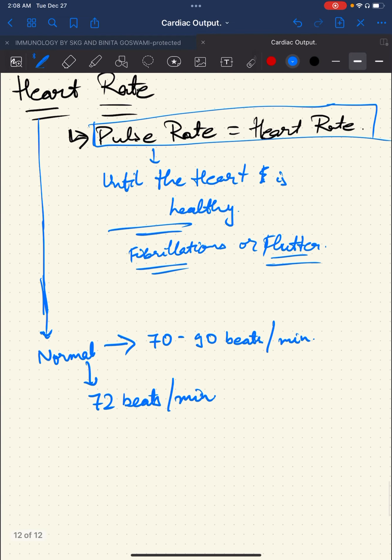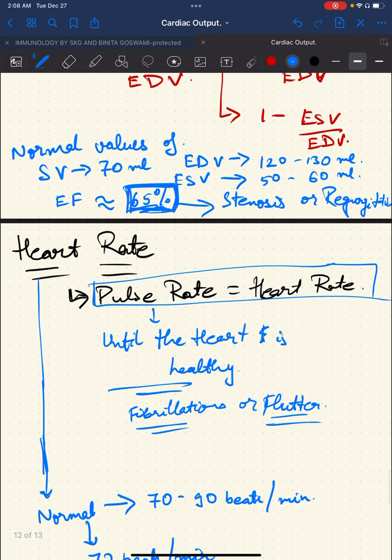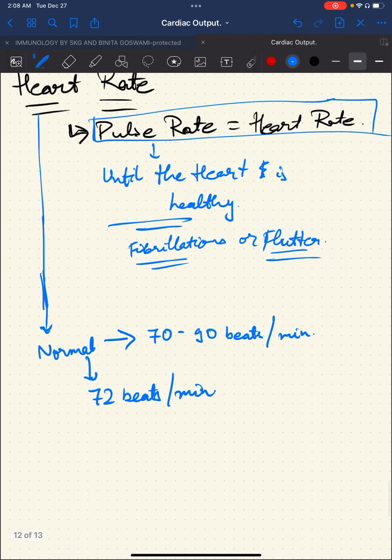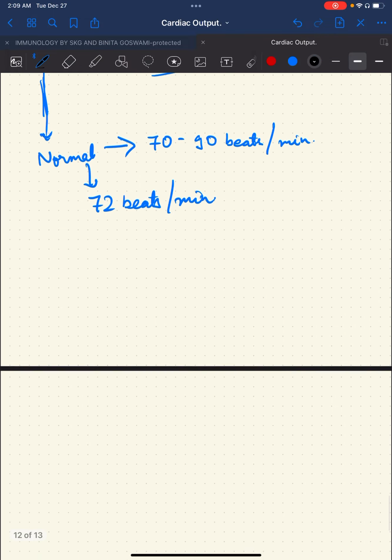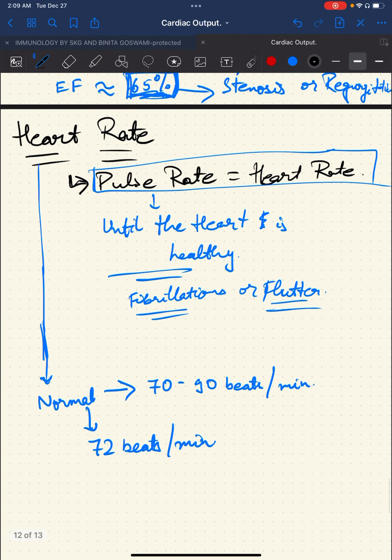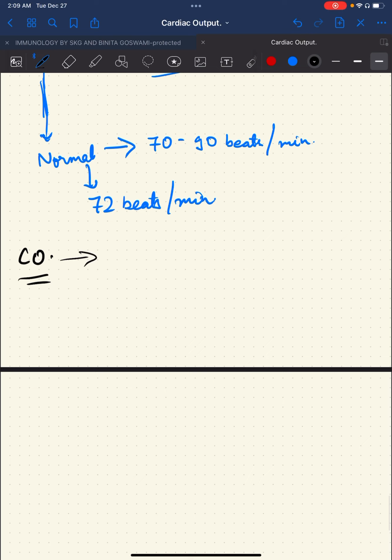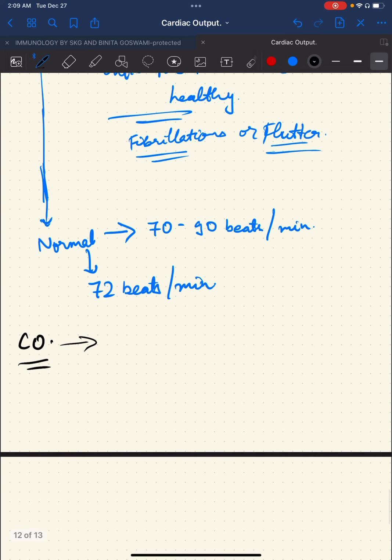Okay. So now, since we know the normal values, let us proceed with what is cardiac output and its relation with stroke volume and heart rate. So cardiac output, as we know, is nothing but the amount of blood pumped in 1 minute. And we know that the amount of blood pumped in a single contraction is known as stroke volume.